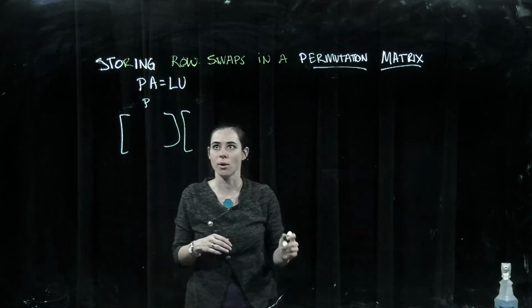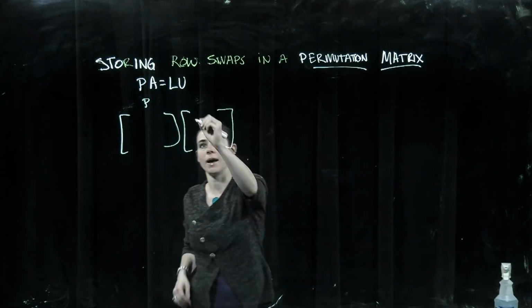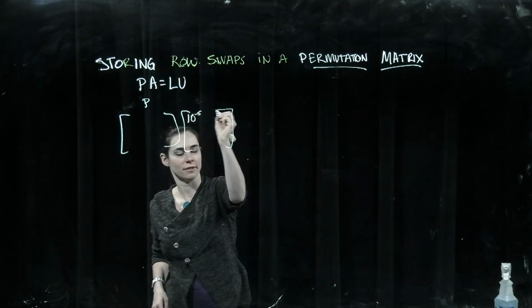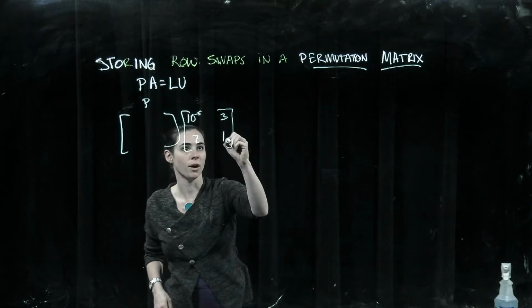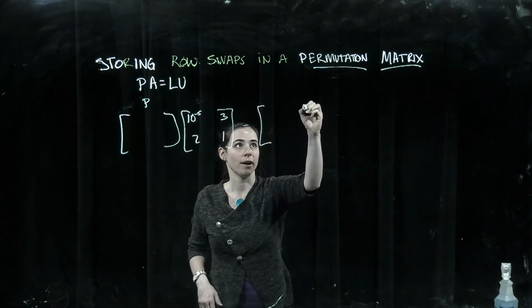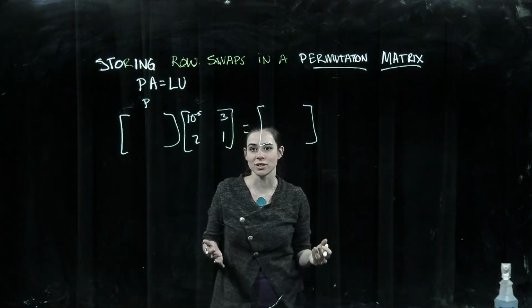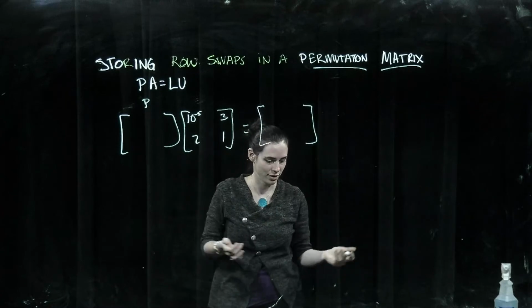What I want is for P times my original A, 10 to the negative fifth, 3, 2, 1, to be equal to my LU decomposition, or essentially my A matrix with all of the rows that needed to be swapped.